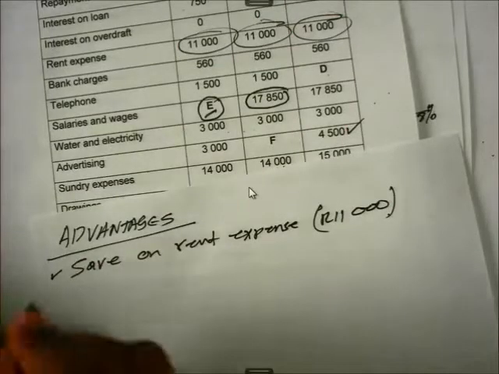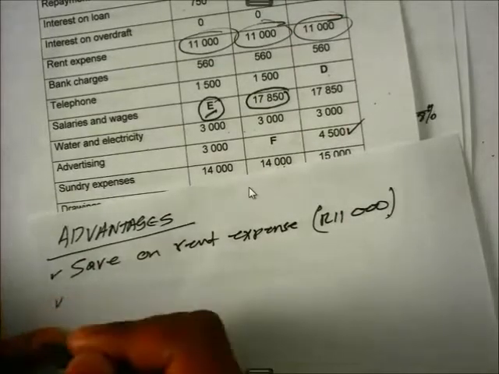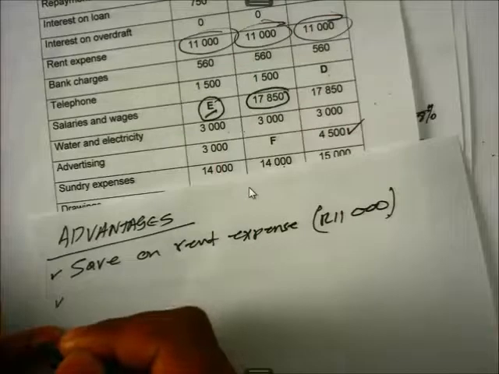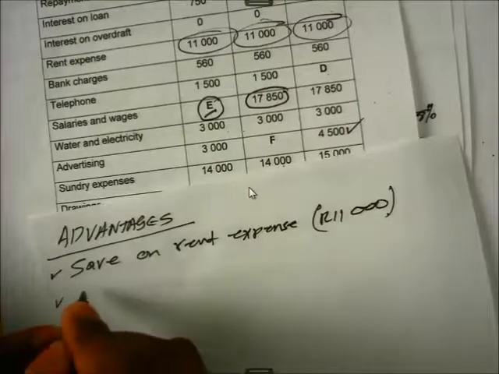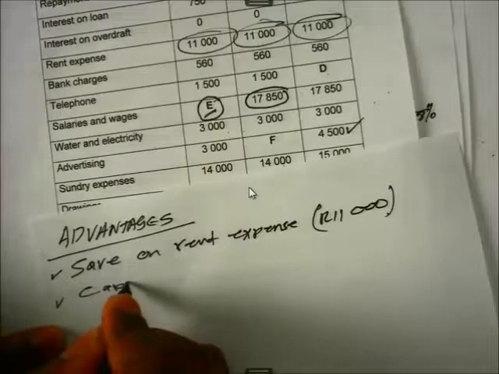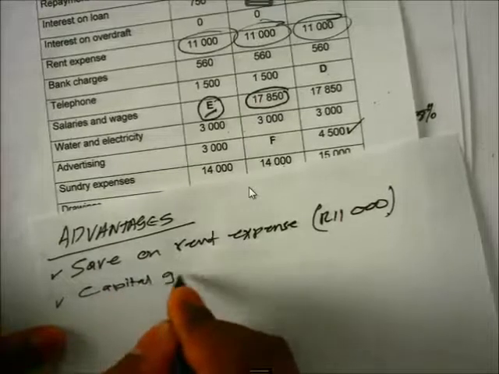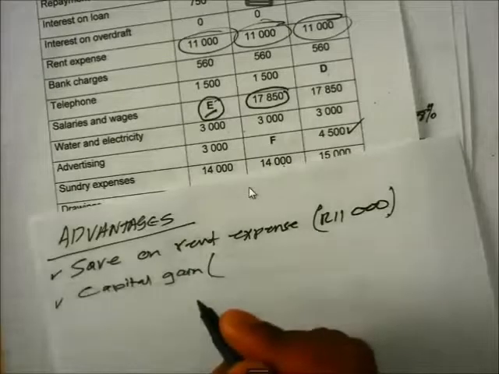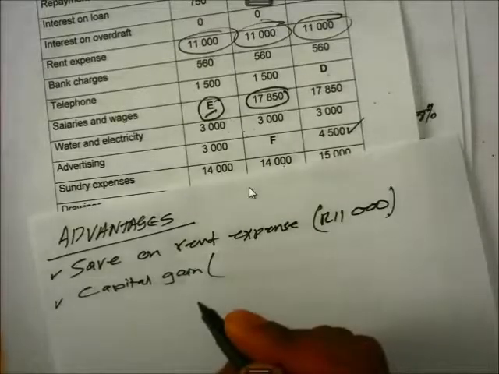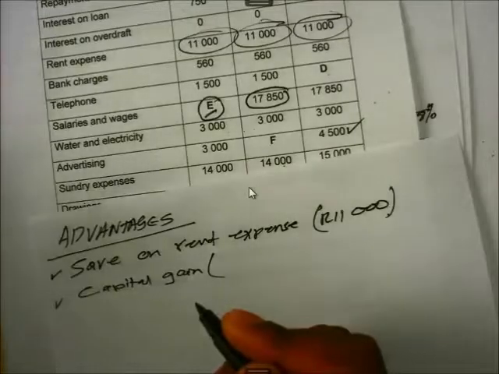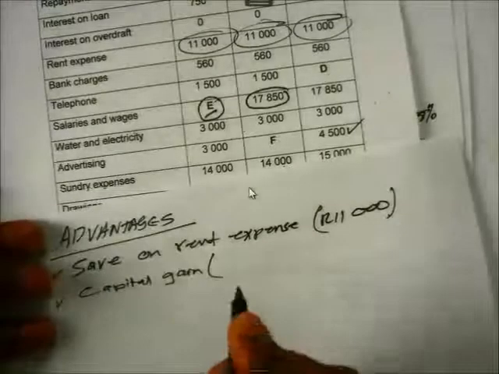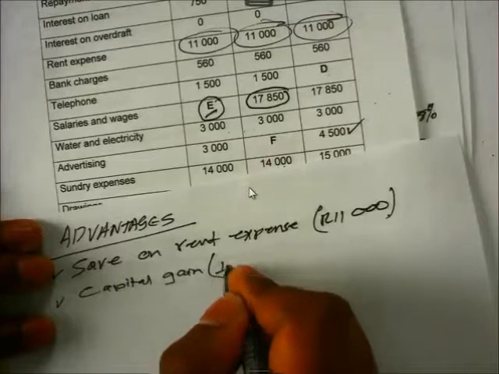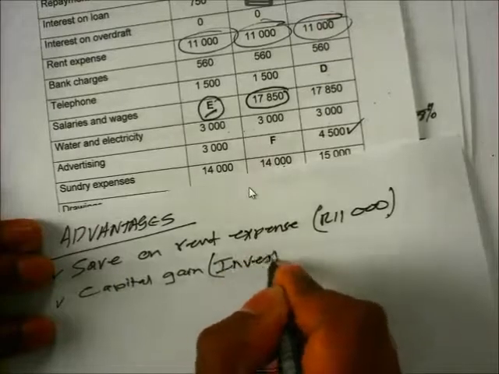The other advantage could be capital gains. Let me explain what I mean by this. We know that the value of land and buildings do not depreciate, but appreciates. Therefore, it is a form of investment.